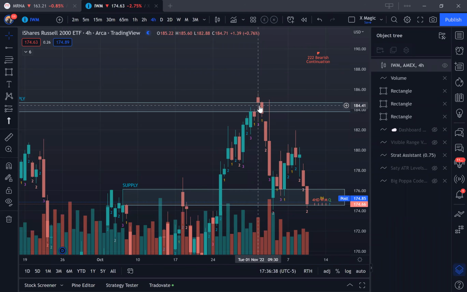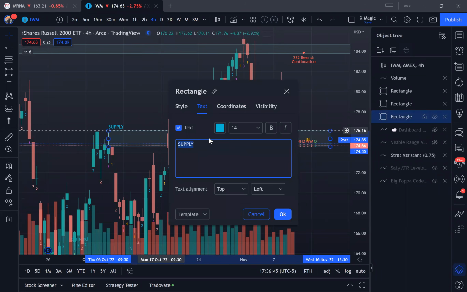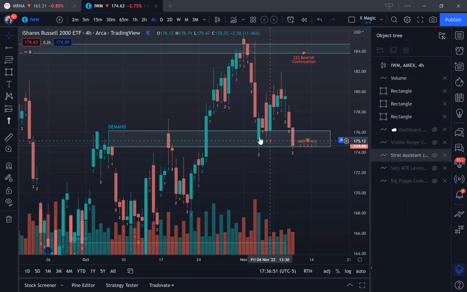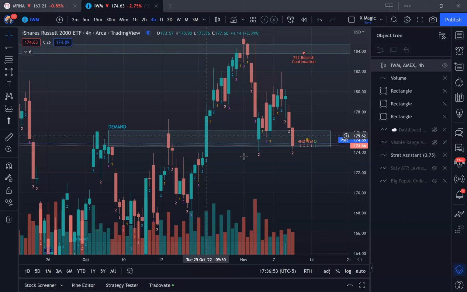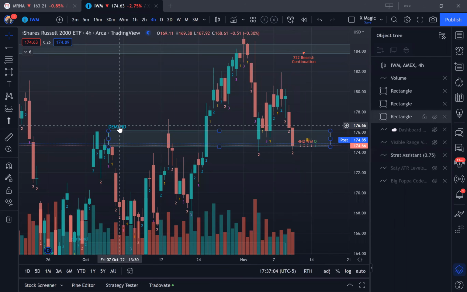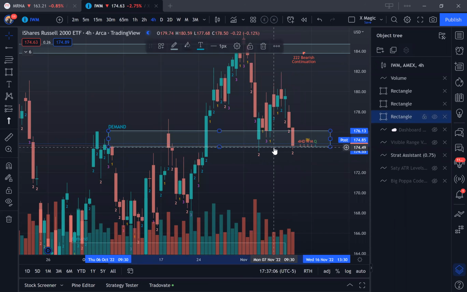Bought it back up the next day, sold it back down, retested one more time, and then just demolished back down into the now demand zone, which was the old supply zone, which they bought up here. Whoever bought at this breakout missed their fill. They want to get back in, boom, launch it back up. And now we're back in the demand zone, which if it breaks tomorrow, this will more than likely be a supply zone again. And we'll see what happens.